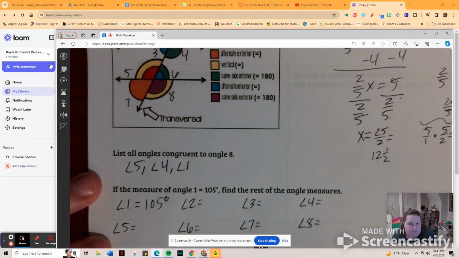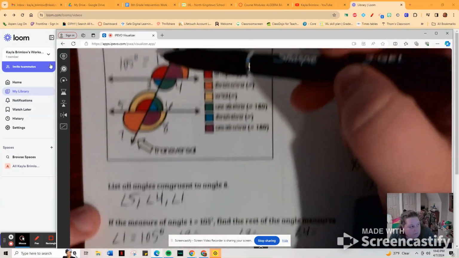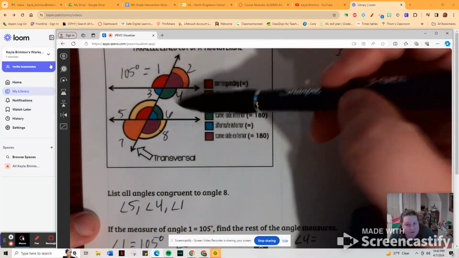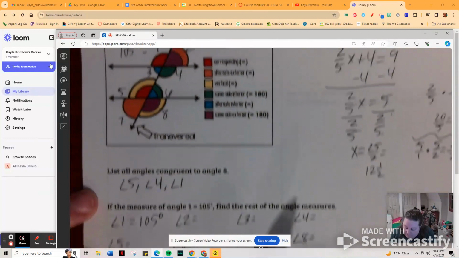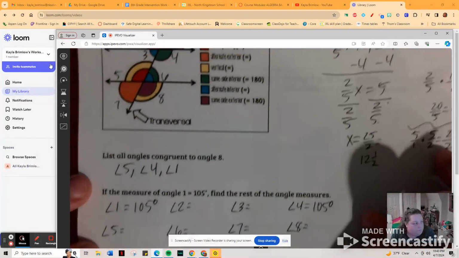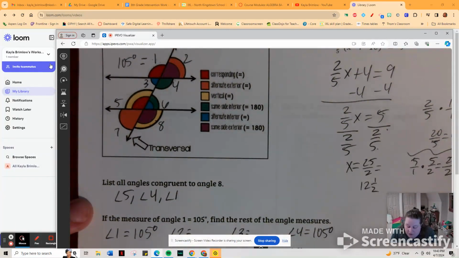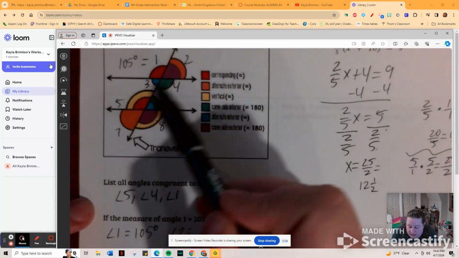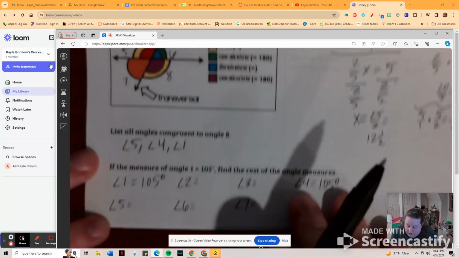Now we know from the previous problem we have several angles that are congruent to angle 1, so let's go through those first. So starting with angle 1 up here, I know that angle 4 is congruent because they are vertical. So if 1 is 105 degrees, that means 4 is 105 degrees. Another angle that is 105 degrees is angle 5. That's because it corresponds with 1, and it's also alternate interior to 4.